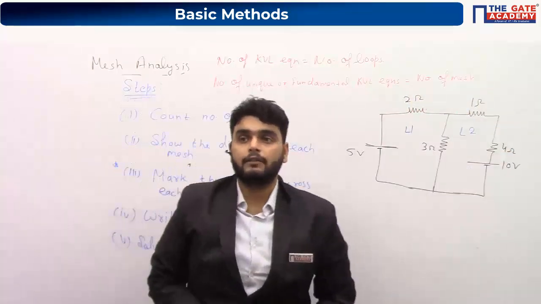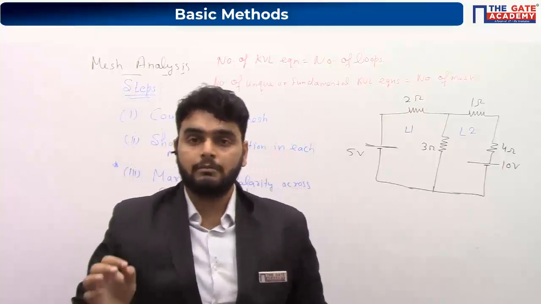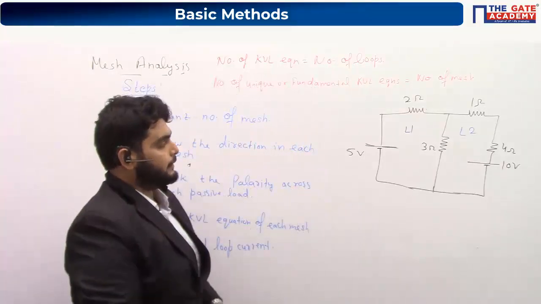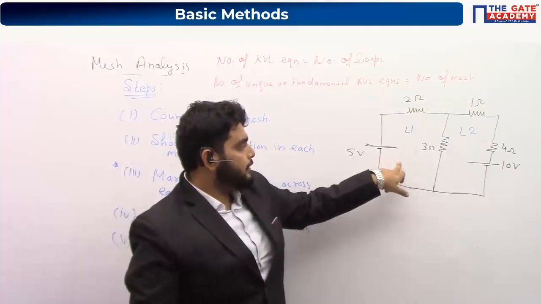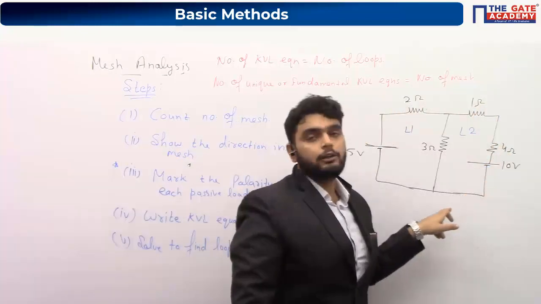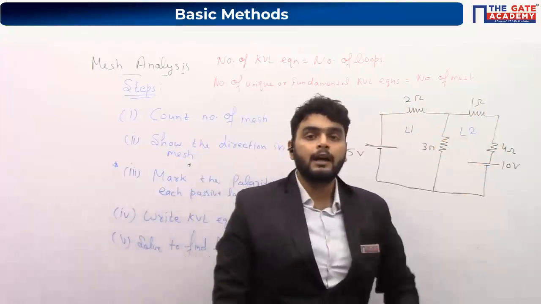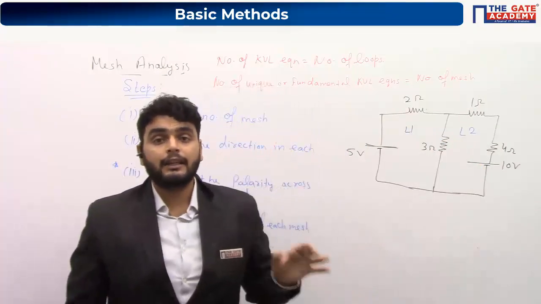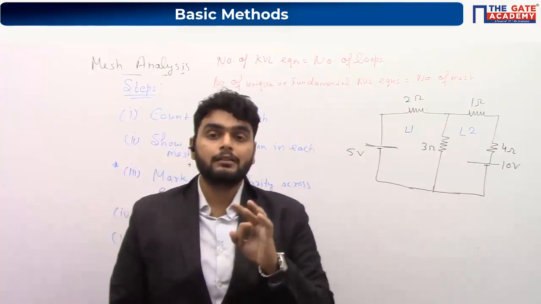Whenever you see a loop, the KVL equation can be written if there is not any current source present. So in a circuit, I can say this is loop 1, this is loop 2, and this is an outer loop. From the outer loop, I can also write the KVL equation, which means in this circuit, the number of KVL equations possible is 3.